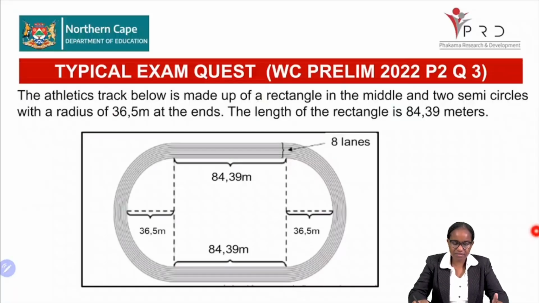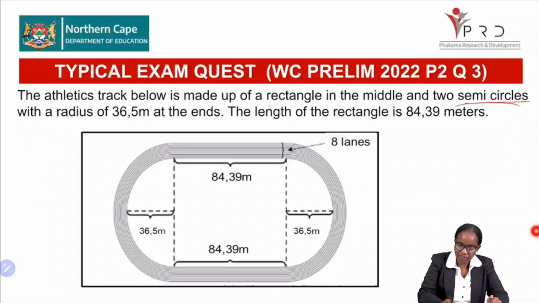Another question. The athletics track below is made of a rectangle in the middle and 2 semicircles. We have a rectangle, we have 2 semicircles. Take note of that. With the radius of 36,5 meters at the end. The length of the rectangle is 84,39. So this is the length of the rectangle.